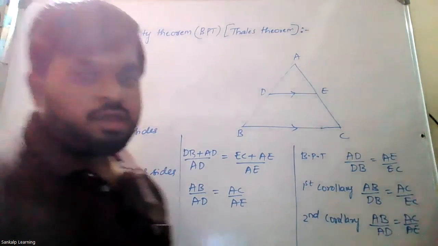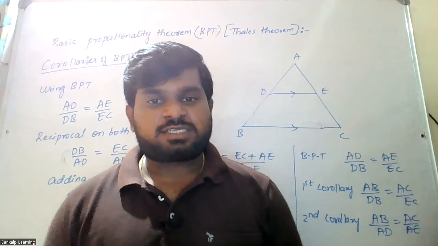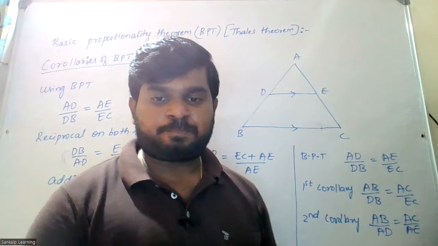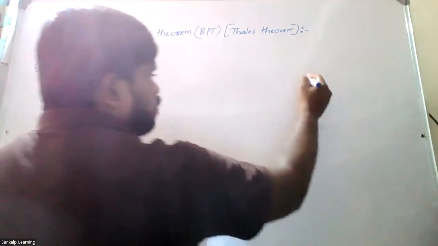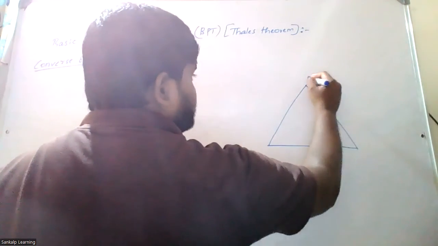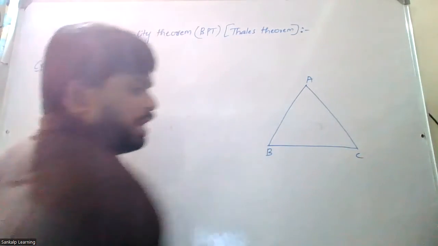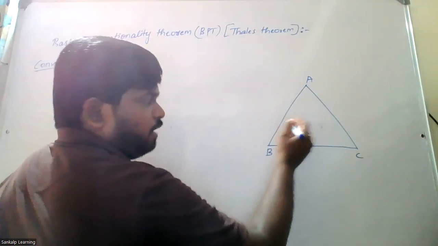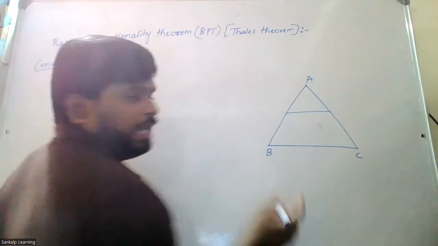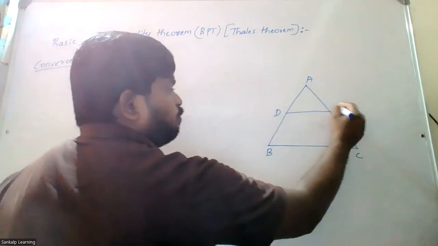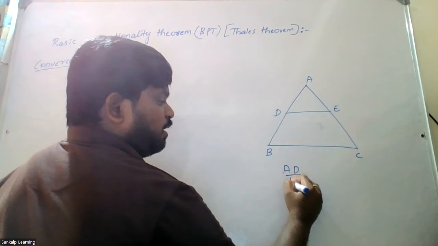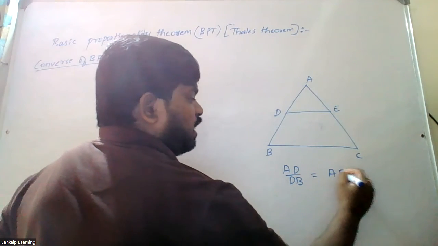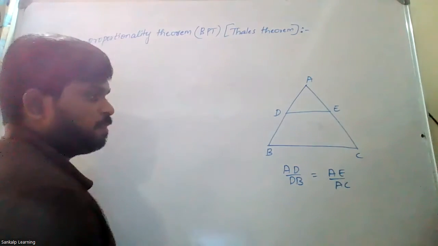Okay. Now we know what is BPT. Let's also understand the converse of BPT. Suppose we have got a triangle, let's say ABC, and we are drawing a line in between, like this, in such a way that the ratio AD by DB is equal to AE by EC.